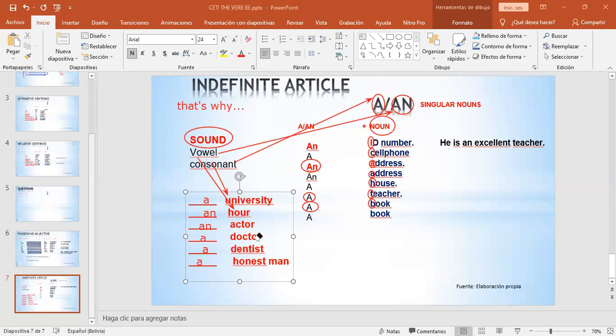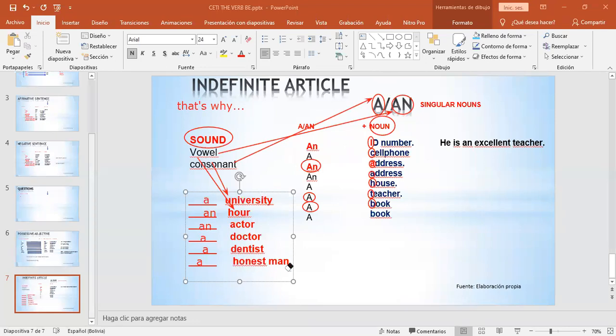Here, no problem, it's actor, right? An actor. The doctor, it's a consonant sound, a doctor. Dentist, the same, no problem. And honest. Here, listen, honest man.